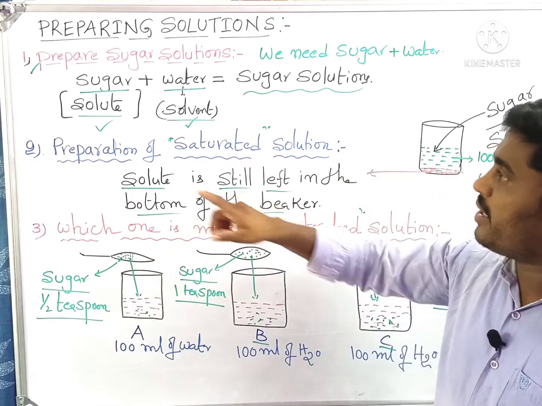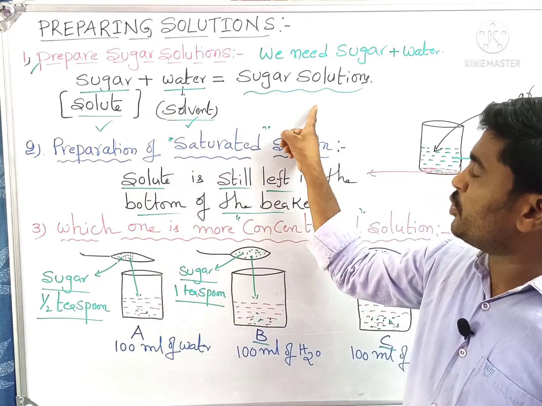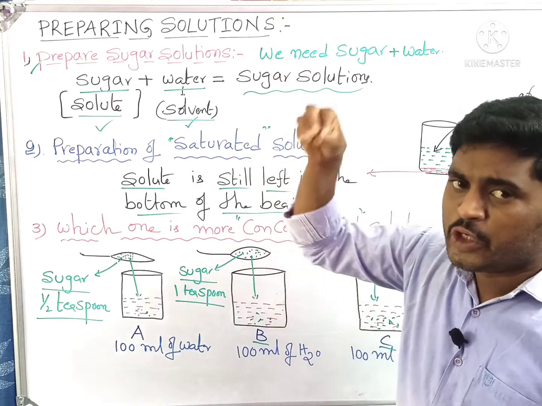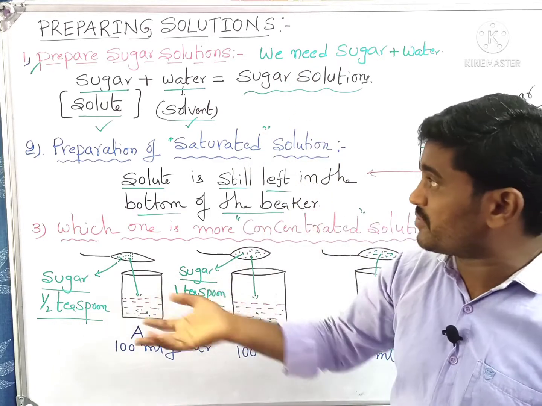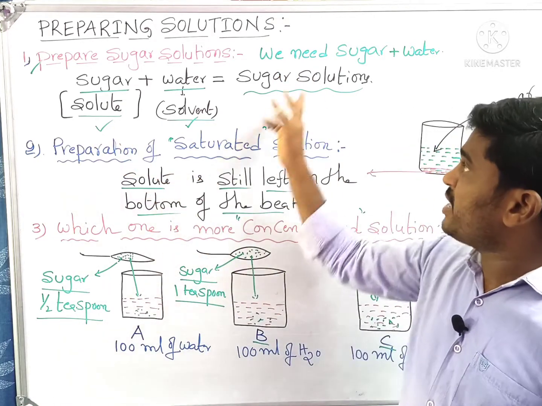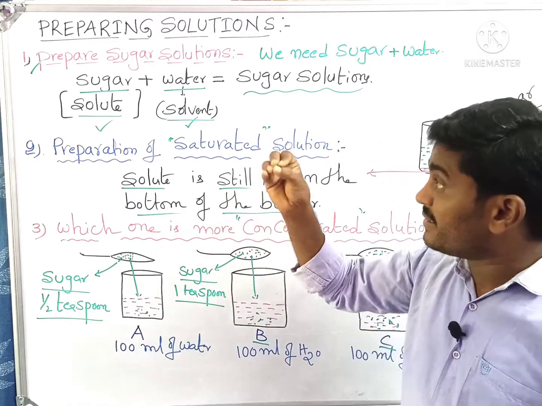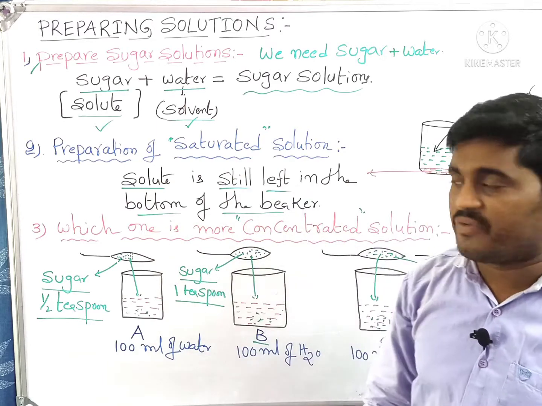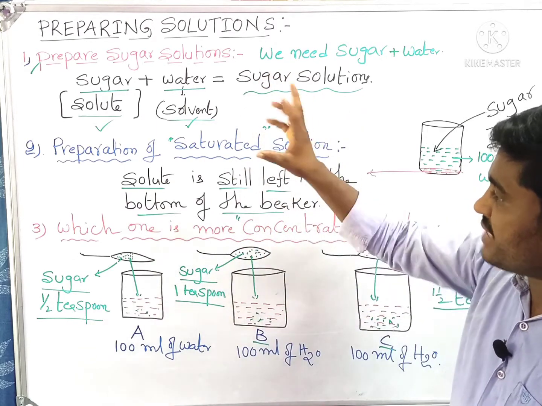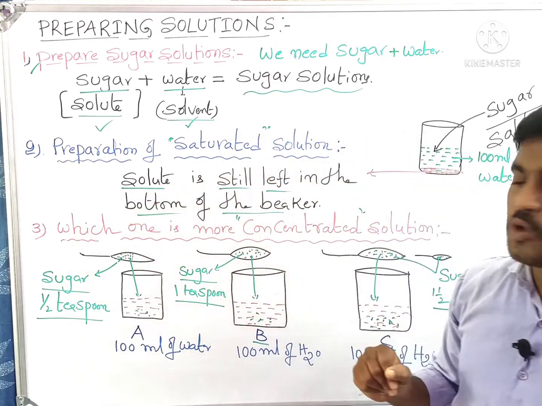Understand children? So here sugar plus water is sugar solution. In sugar solution sugar is the low component, that's why we call it the solute. In sugar solution a high amount of water is present, that's why we call water the solvent. This is important. Then second one, preparation of saturated solution.